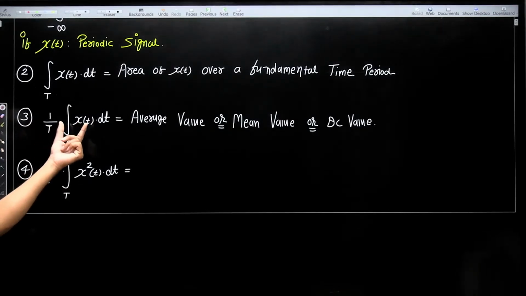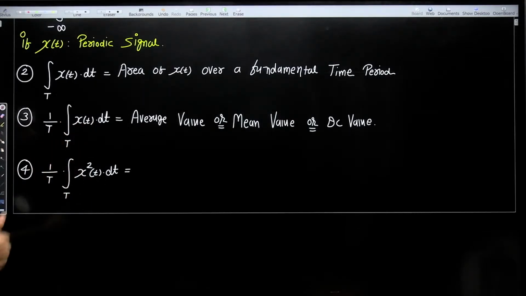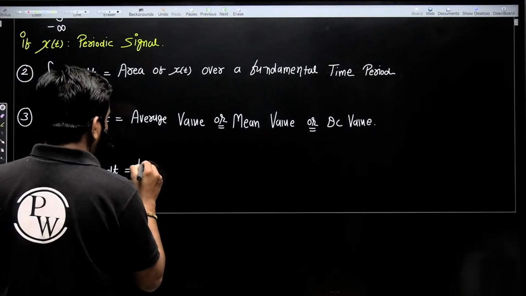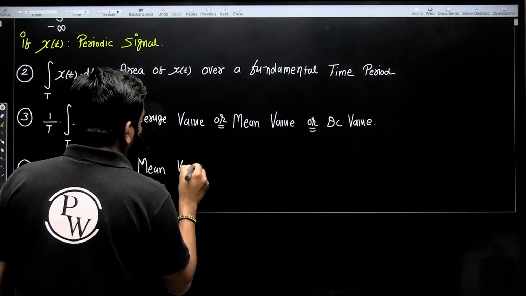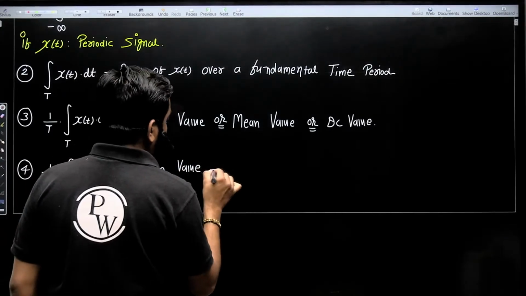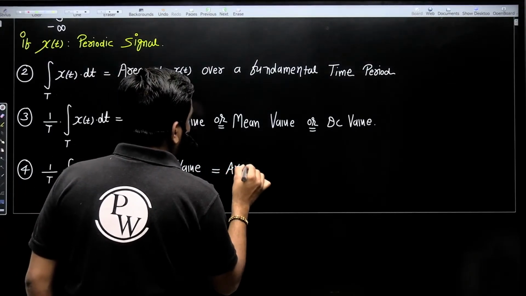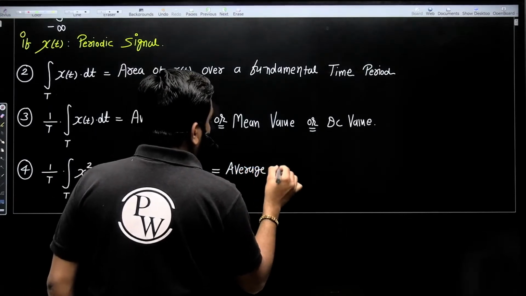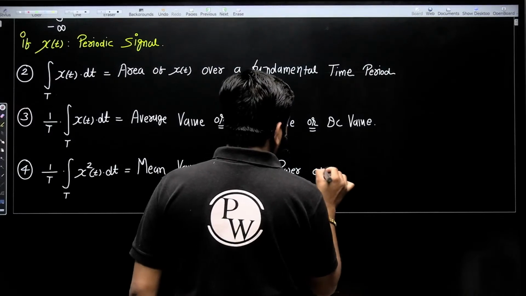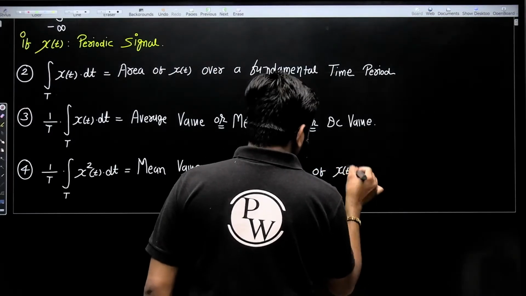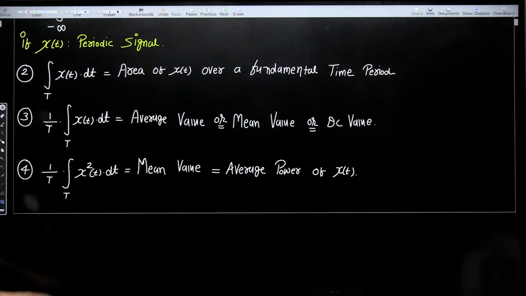The earlier one is the mean value of x of t, and this is known as the mean square value of x of t, and it is also known as the average power of x of t. Correct? x of t is the periodic signal. Average power of the x of t signal.